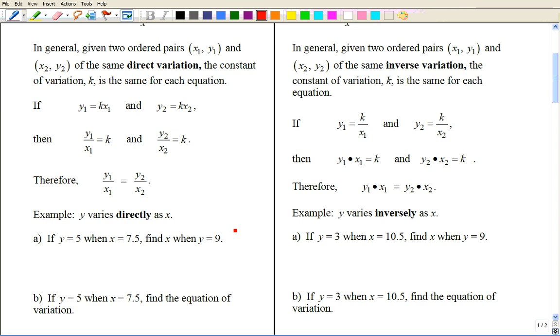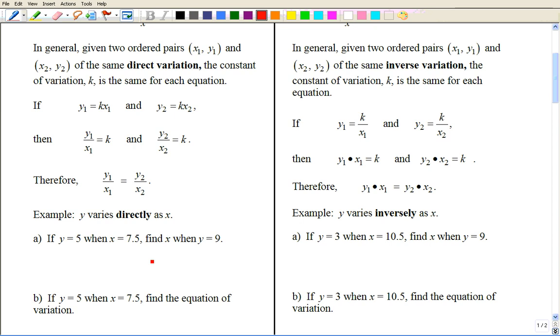So if you wanted to go about the long way of doing this, we don't know what k is equal to, and sometimes you'll need to find out what the constant of variation k is for each scenario. So I'm going to show you between example A and example B how to find the letter k.